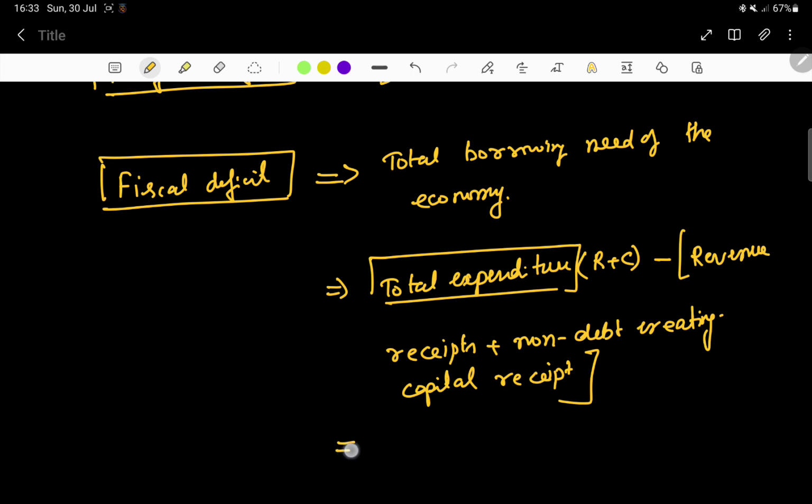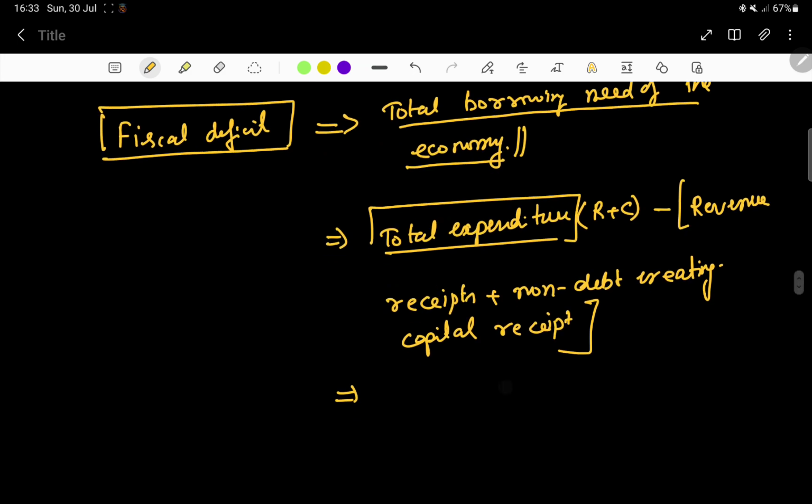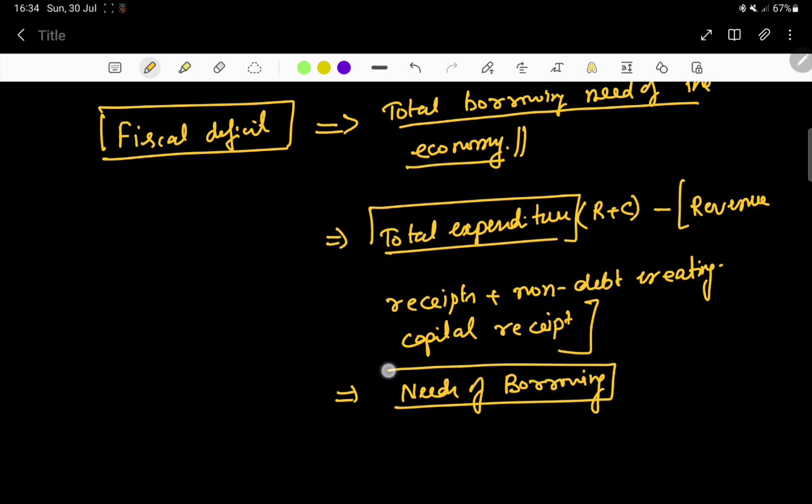So what will it give? It will give that component of the budget that you need to borrow. That is what I have written, the total borrowing needs of the economy that the government needs to borrow. This includes the borrowing of today, current, and the previous borrowings.